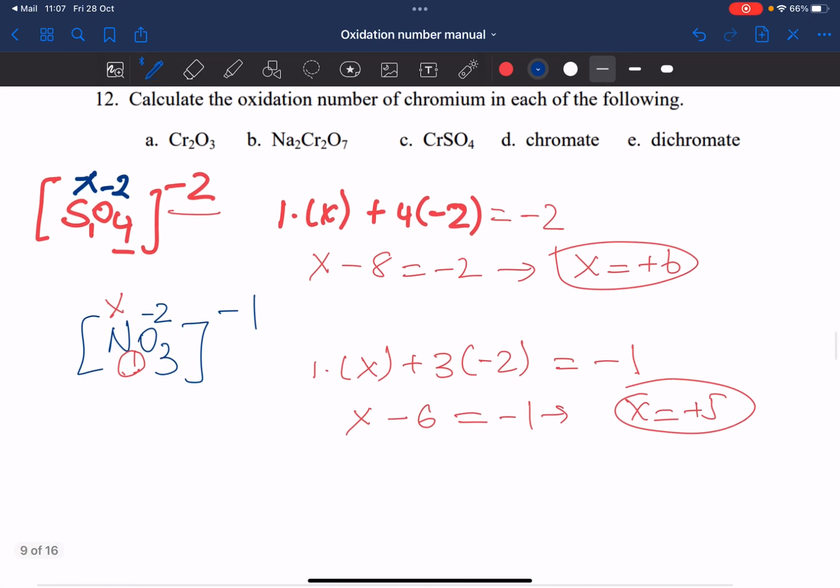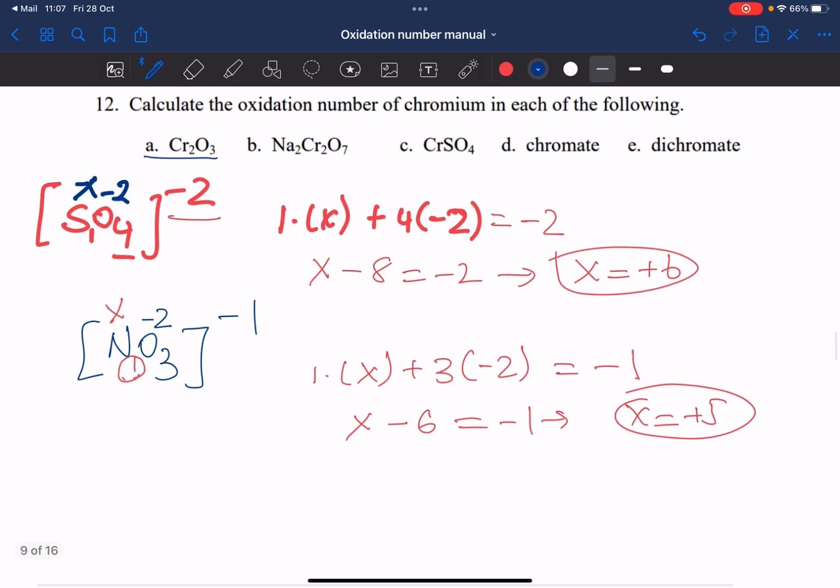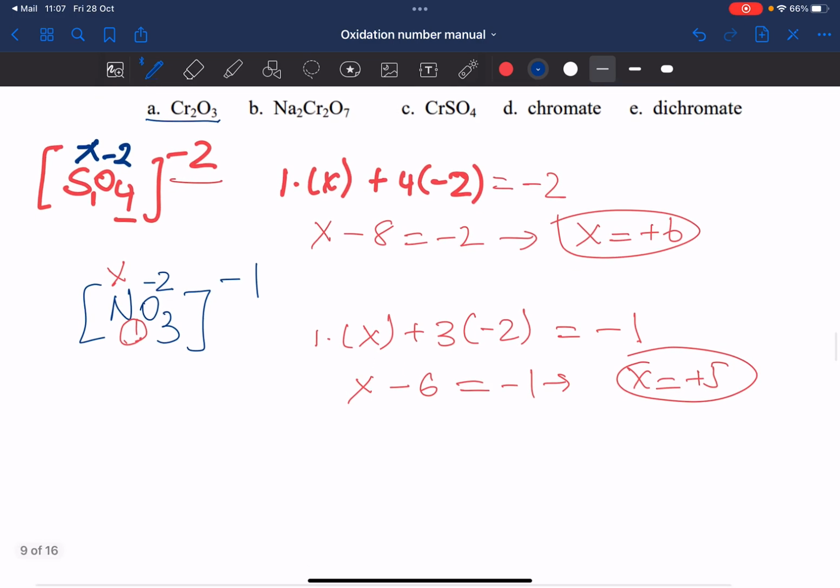And now we're going to go into compounds. So you have this guy here, Cr2O3. Okay, so we know that there's no charge on the top right corner, so we know that they are going to add up to 0. So we put a bracket like this, and we know that oxygen is always -2. We don't know this guy.